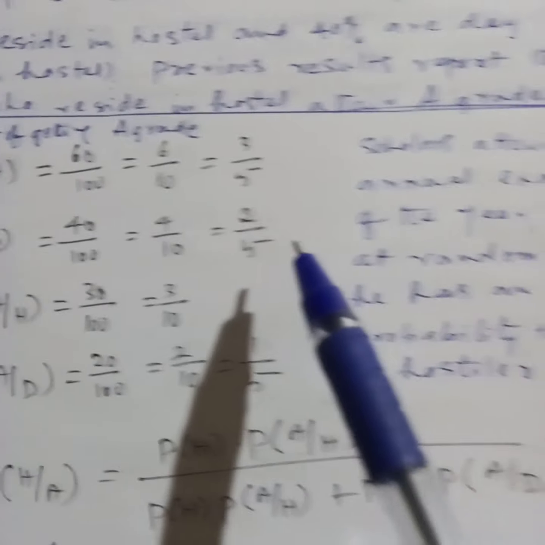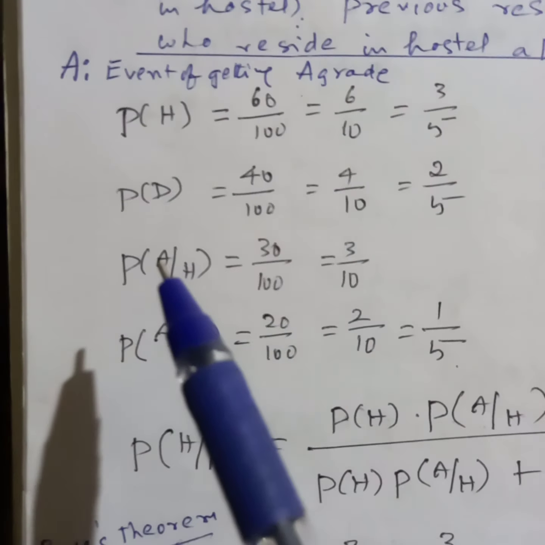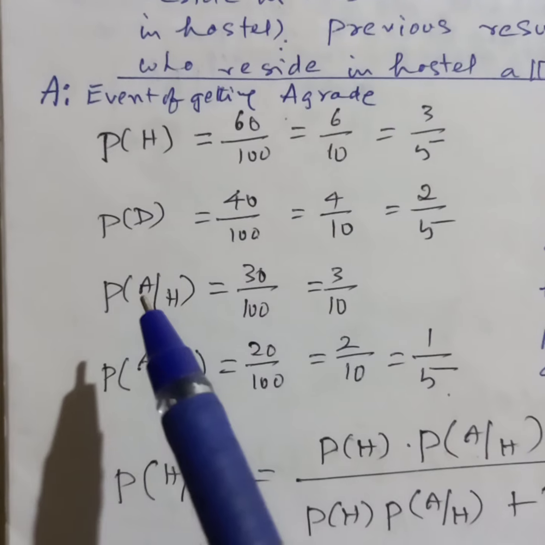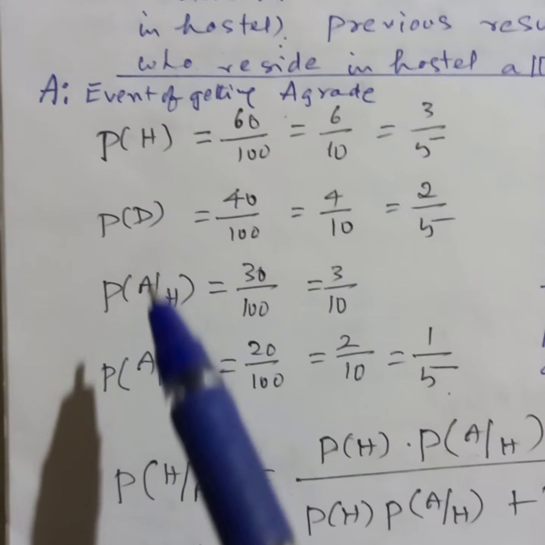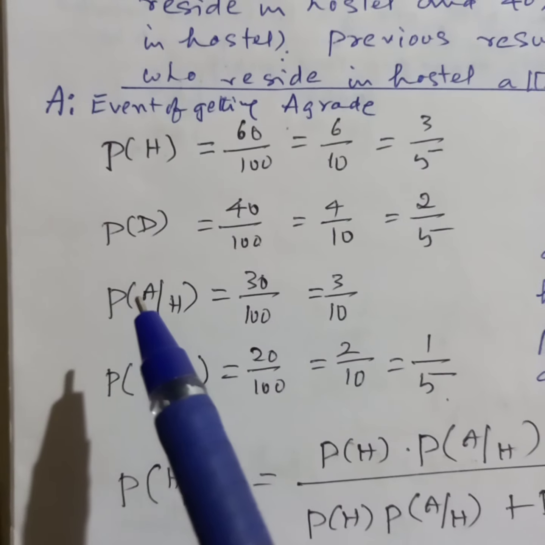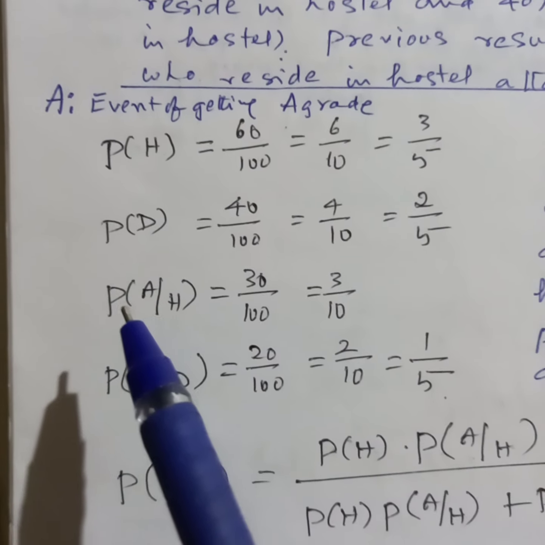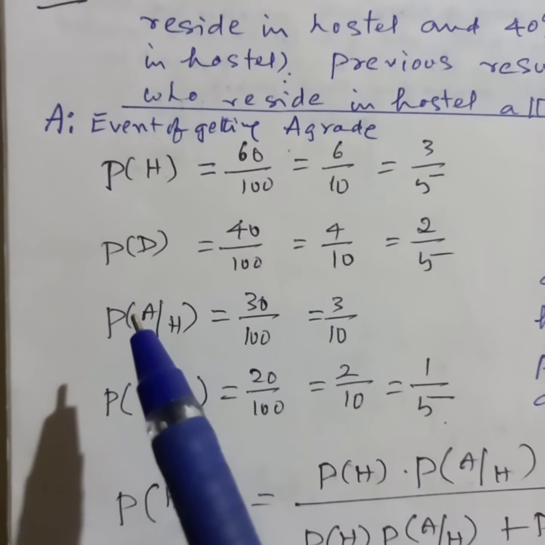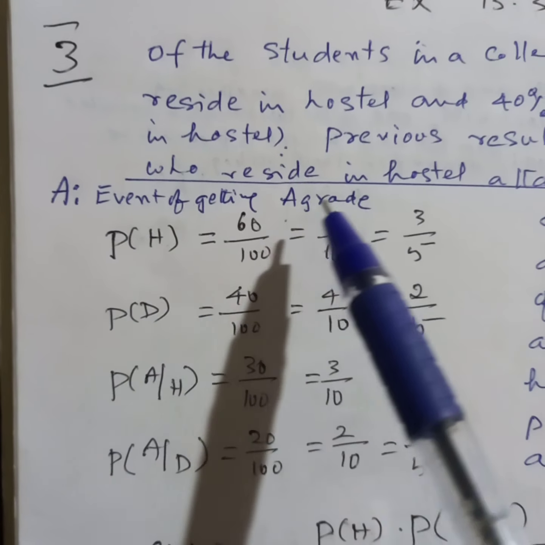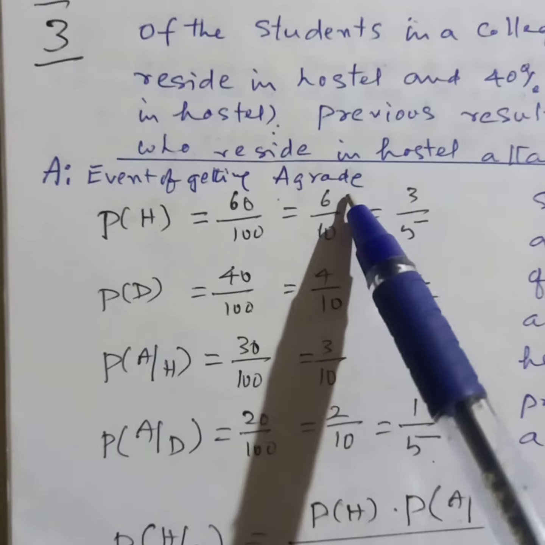Now here, the probability that a student has attained A grade, given that he is a hosteler. So he is staying in a hostel and he has attained A grade. That's how we have to read this. A is the event of getting A grade.